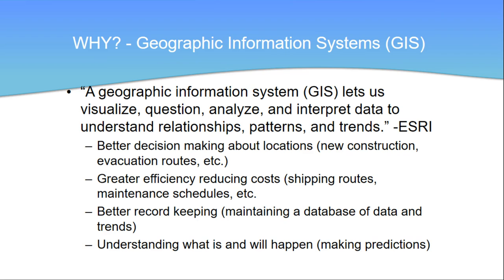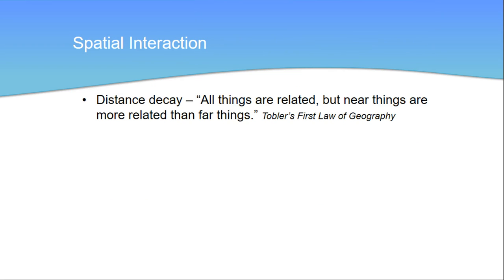That's a really important thing, and that's where we're going to spend a lot of time in terms of the science conversations that we're having. Now, the other thing is, I want to talk a little bit about spatial interaction in terms of distance decay. Distance decay is this idea that you will interact with things that are closer to you, and that will decrease the farther that thing is, right?